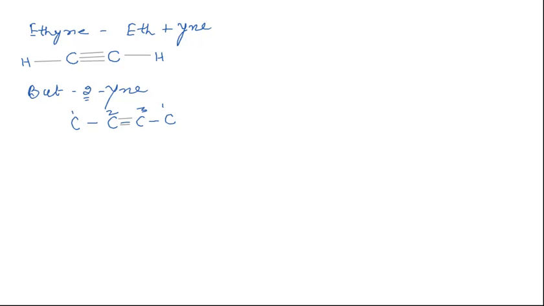Say that is 1, 2, 3 and 4. So this is but-2-yne. Now put the hydrogen atoms to complete the tetravalency. Now is the structure clear? Is this structure right? Yes, this is right. This carbon has got 4 bonds and this has also got 4 bonds. So this is the structure of but-2-yne. But-1-yne would be CH, triple bond C, CH2 and CH3. This would be what?